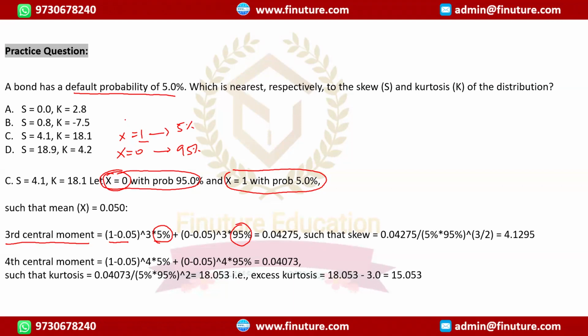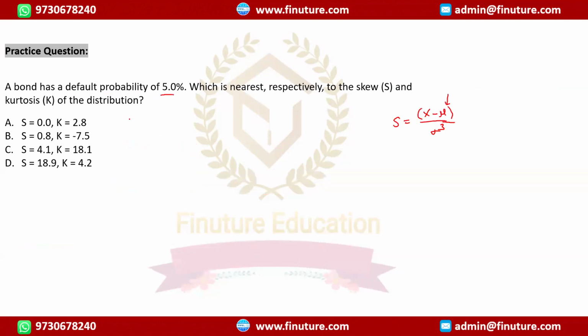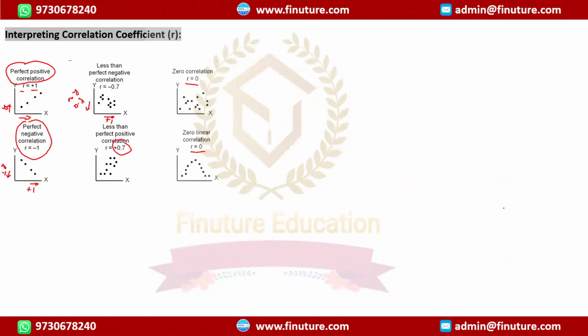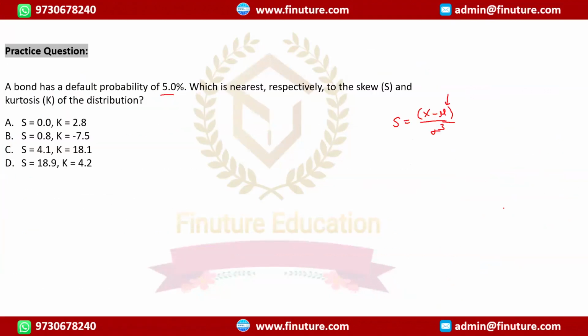Like I said earlier, if you remember the hypothetical example I gave you, I asked you 5% times 20%, 2% times 50%, and 10% times 30%. Likewise, in this case, all we have is 1, 95% and 0. Did I write it the other way around? Yeah. So when we say default, that is 1, which is 5%. When we don't default, it is 95%.